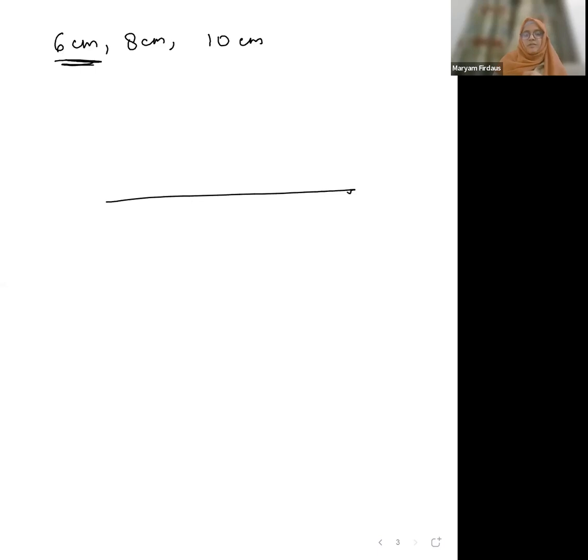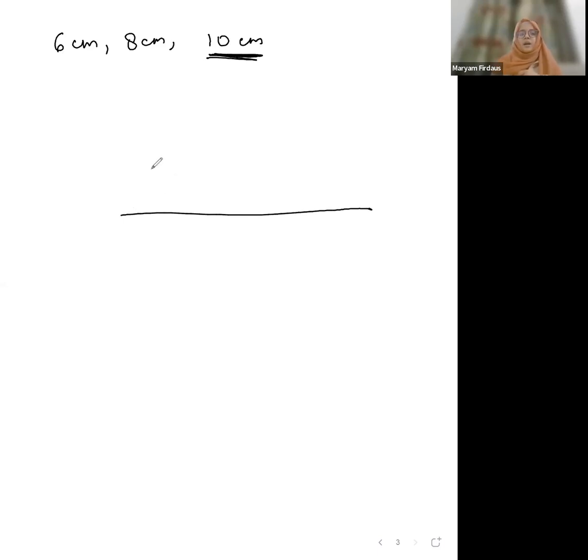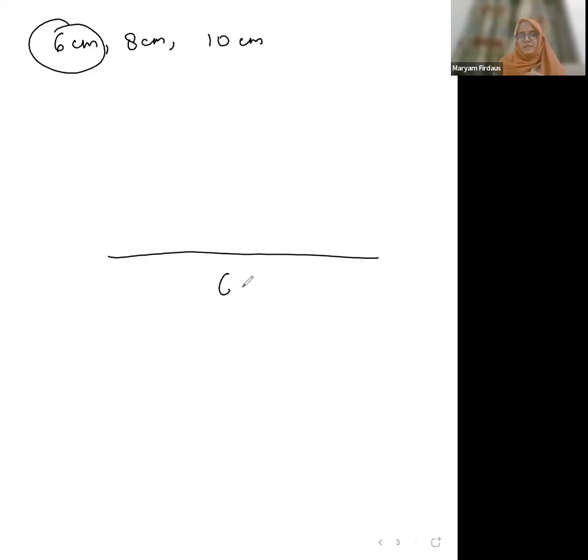In fact, I would suggest that you take the biggest side as the base. The reason being, your compass, let's say for example if you chose 6 centimeters to be the base, then what you have to do, you'll have to take 8 centimeters.